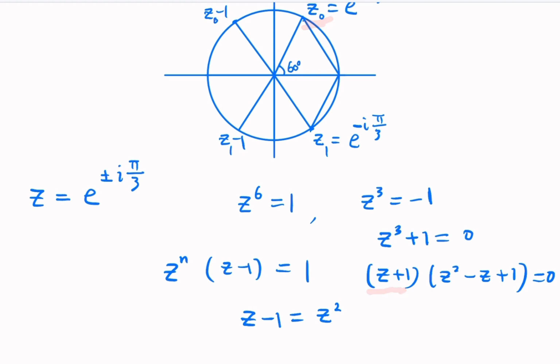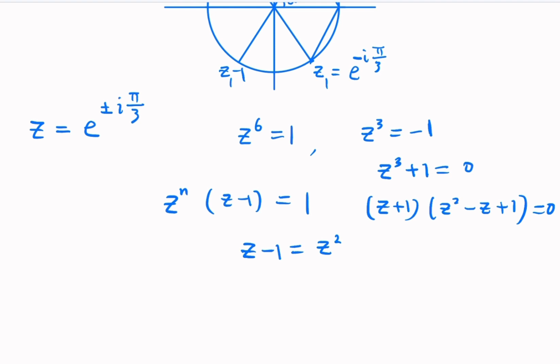So for these z0 and z1, we both satisfy this equation here. So this quantity equals 0. That is, z squared would equal z minus 1. Okay, so which means z to the n plus 2 equals 1, right? Because z minus 1 is z squared. z squared times z to the n, so we have this.